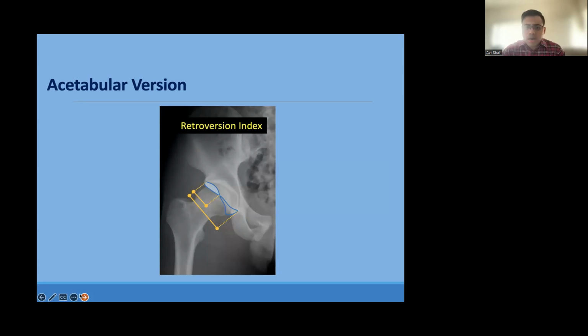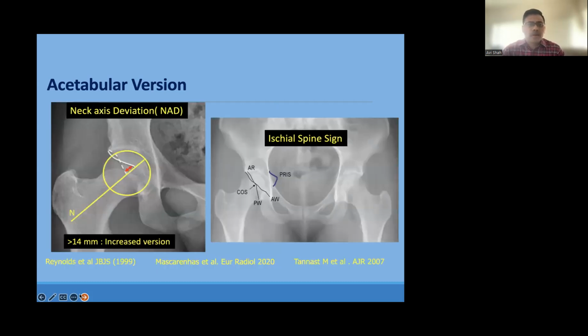Once you mark the crossover, you measure the amount of the crossing over relative to the distance of the entire wall, and you will get a retroversion index. A newer neck axis deviation has also been described, and in this, if there is increased version, the distance will be more than 14 millimeters.